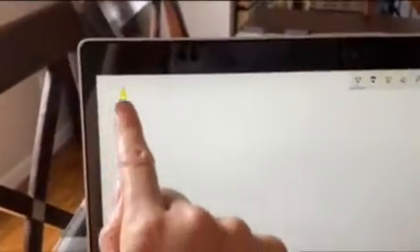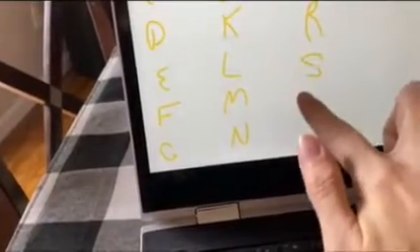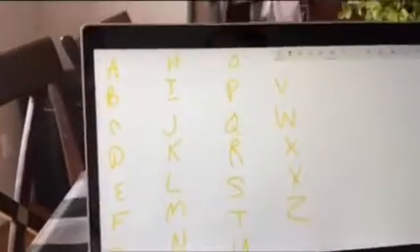Let's write out the alphabet: A, B, C, D, E, F, G, H, I, J, K, L, M, N, O, P, Q, R, S, T, U, V, W, X, Y, and Z. So let's see what each one is worth.